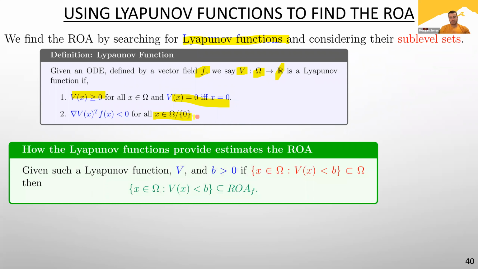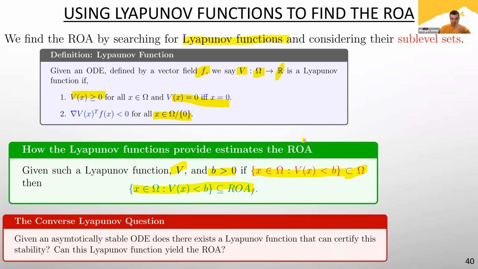So if you can find such a Lyapunov function V, and you can also find a scalar b such that the b sublevel set of V is contained in its domain, then it follows from some elementary theory that the b sublevel set of V is contained inside of the region of attraction.